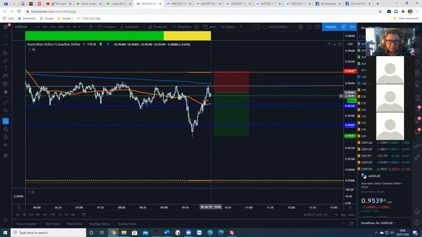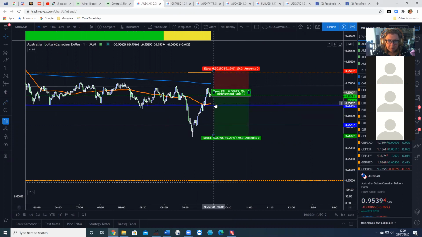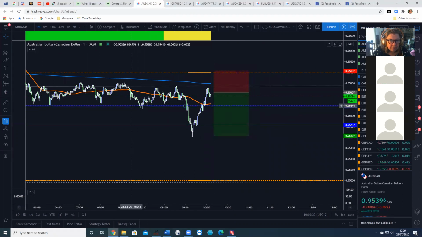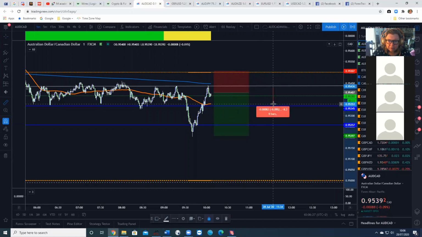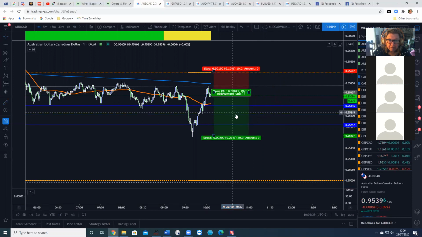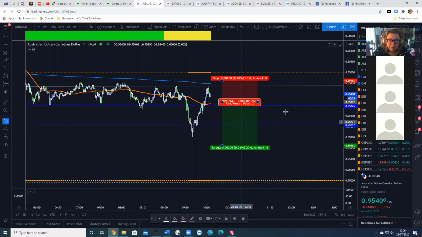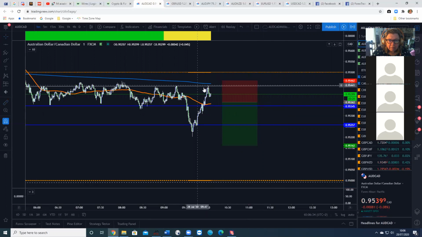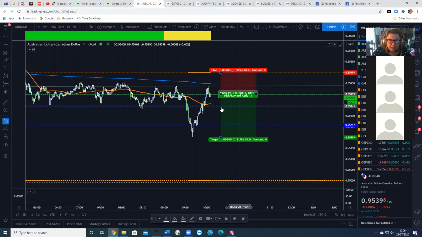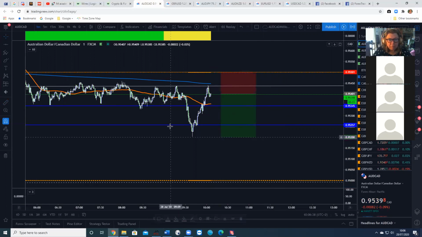But it is setting up again, but it is above the 62. So I wouldn't necessarily, how many pips would that be off the pitchfork? That's 8 pips, which is quite a way down. So it's up to you. I'm not going to get in on that one, but I could take it on demo just to see.